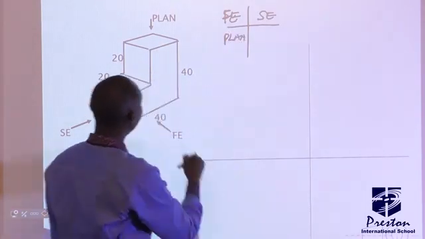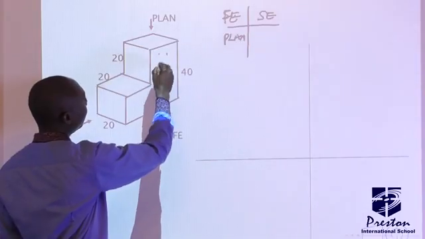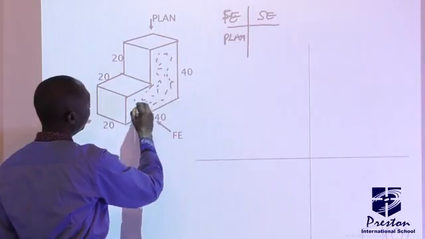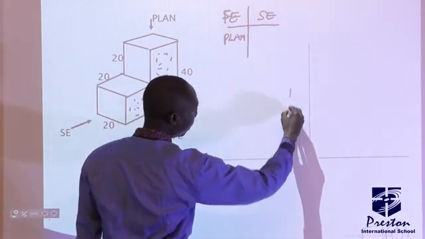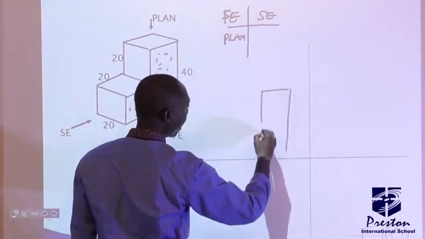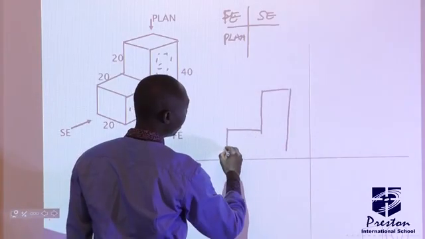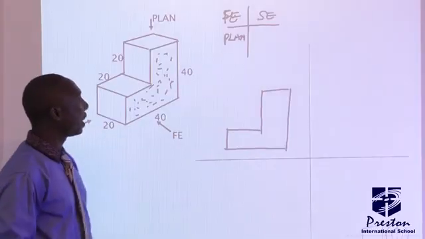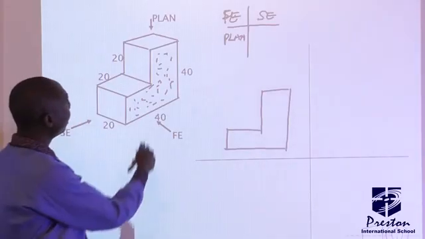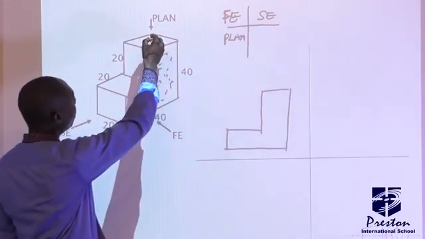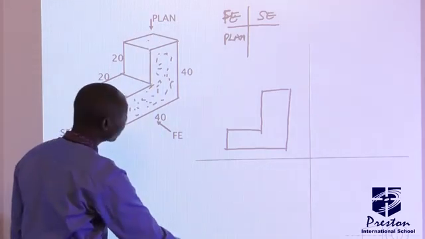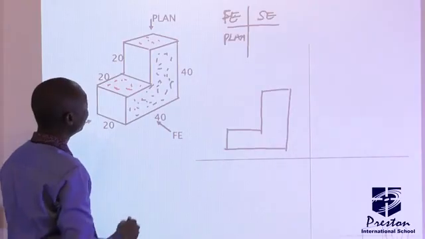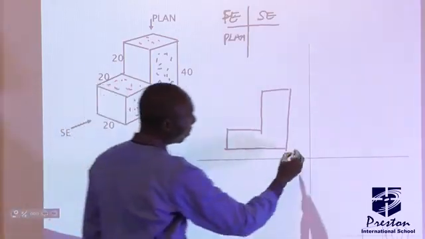So we have the diagram to this side to show us the front elevation. Then the plan, that's the top part, will come under it, and the side elevation will come to the other side.